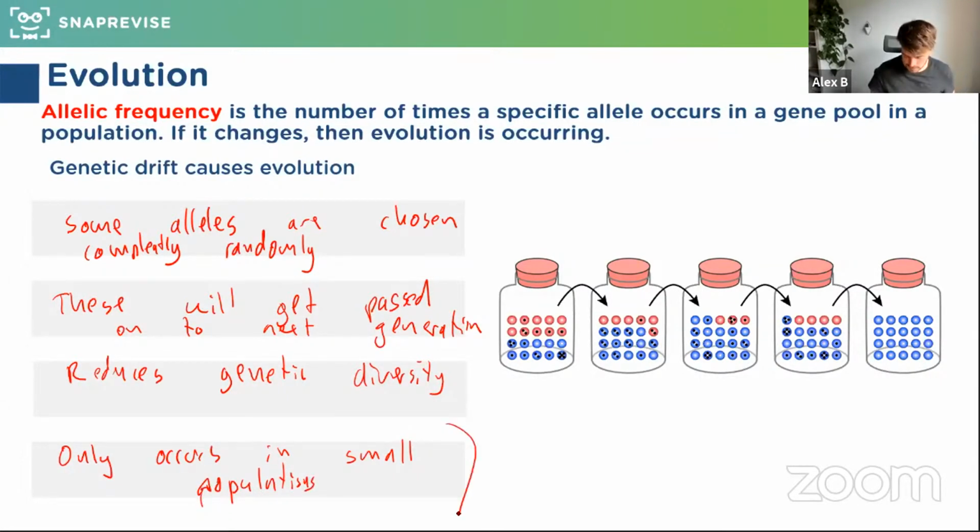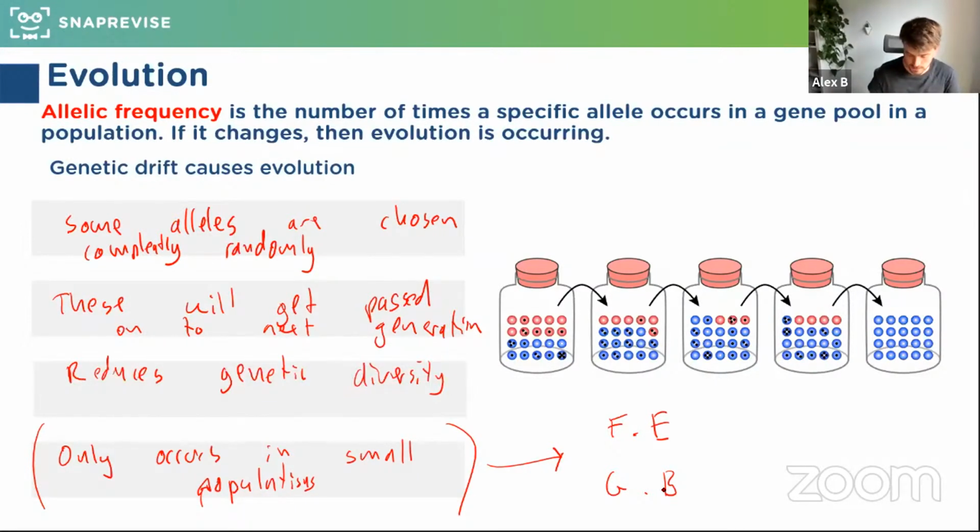So this, crucially, links back to founder's effect and genetic bottleneck, because both of these create small populations. So that means that genetic drift is more likely.